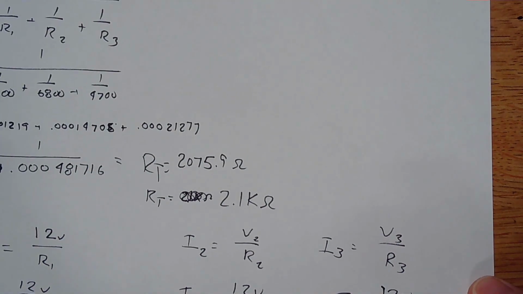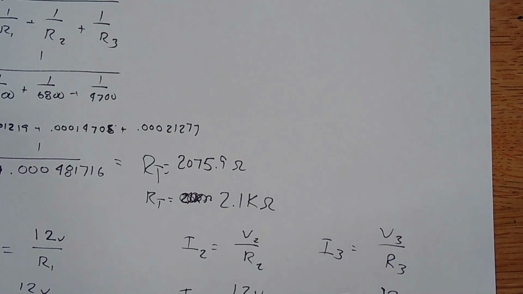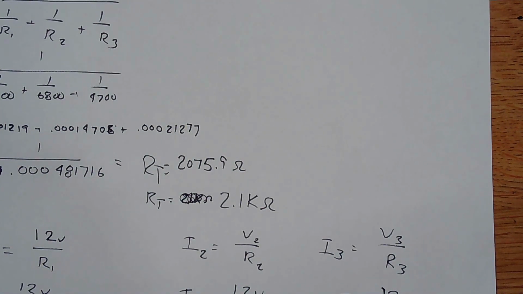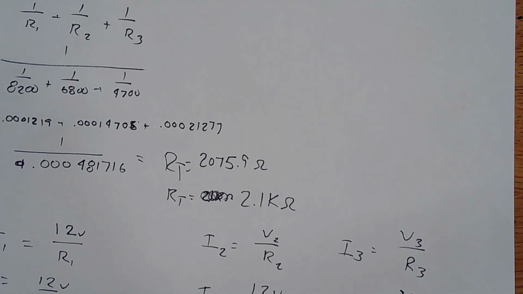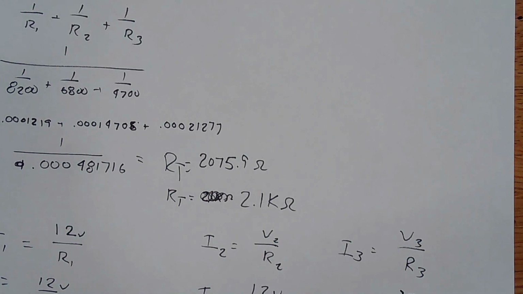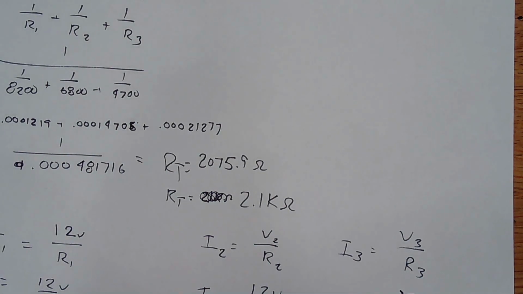And then if I do the calculations, I get 12 divided by 8,200, and that gives me a current of 0.001463, which is 1.463 microamps.